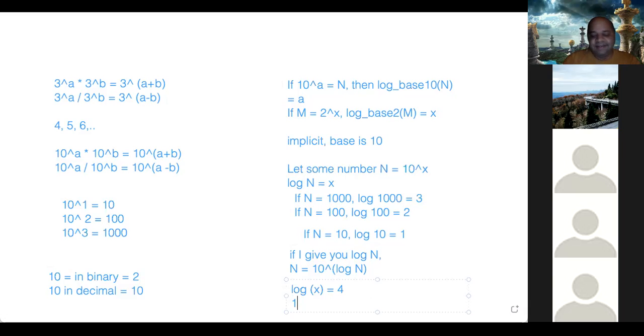Yes, 10 to the power 4, which is 10,000.